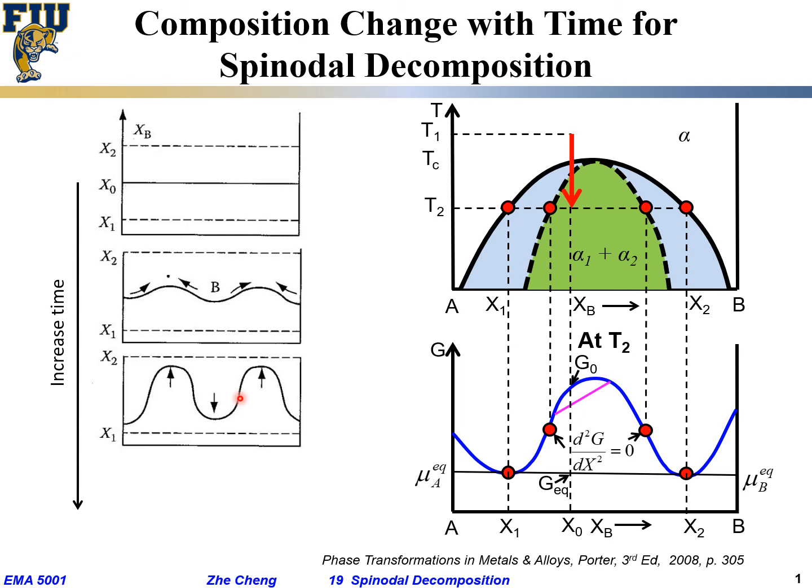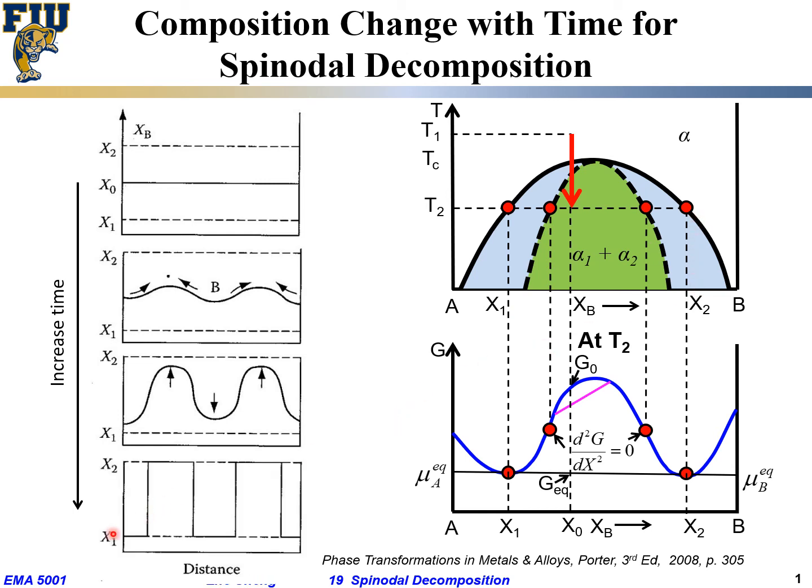And eventually what should happen? Well, under equilibrium, I should have one phase that has composition of X1. The other has composition of X2, so alpha 1 has X1, alpha 2 has X2. Make sense? So eventually, I become this under equilibrium condition. Do you see that?